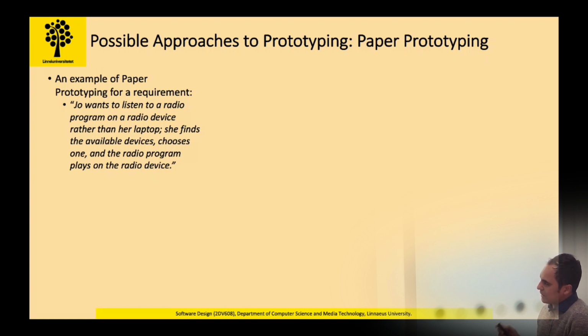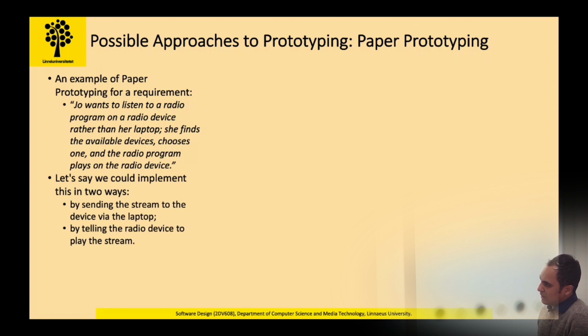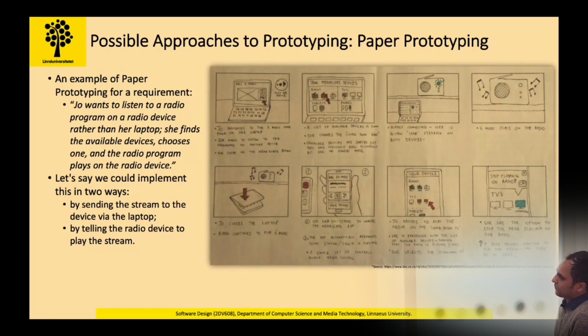She can do it in two ways. Either from her laptop she can connect to the device and stream from the laptop, or she can play directly on the device, either using a verbal command or by activating the device itself. So how can we do that?